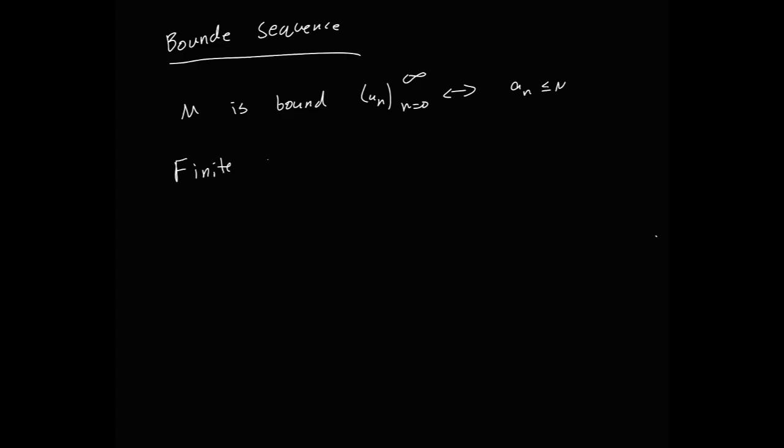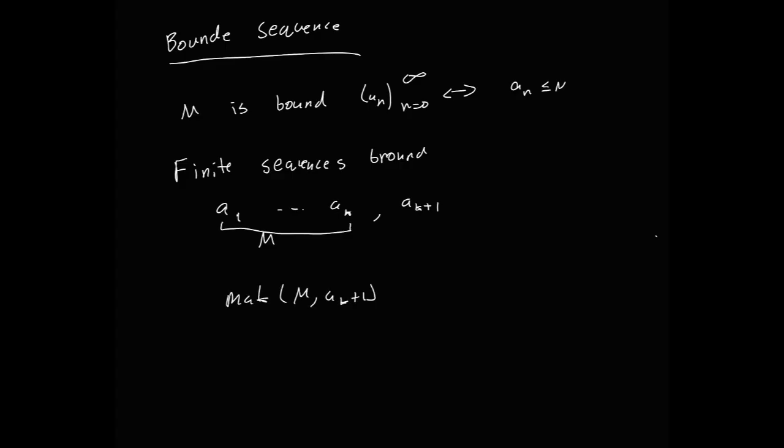It's a very easy proof. You just induct. Obviously a_1 is bounded by just that one element, but assume that a_1 through a_k is bounded. We want to prove that a_{k+1} is bounded. Well, we take the bound of this, which is M, and we take the max of M and a_{k+1}, and it's obviously bounded by this.